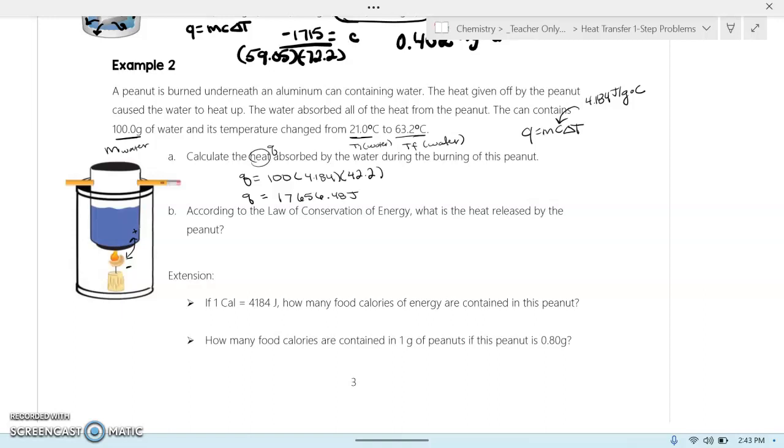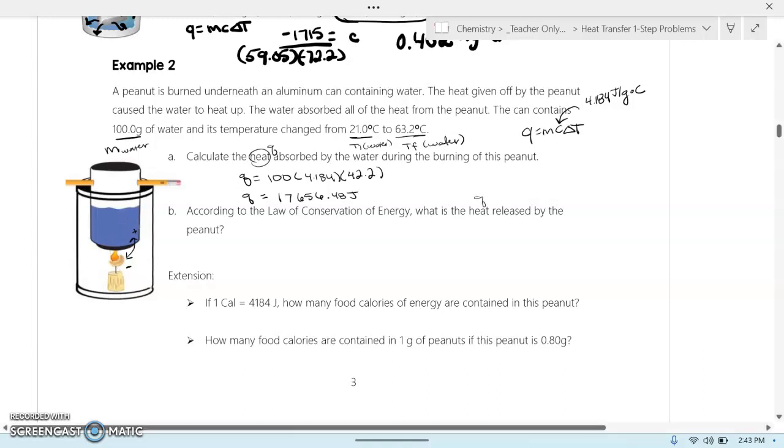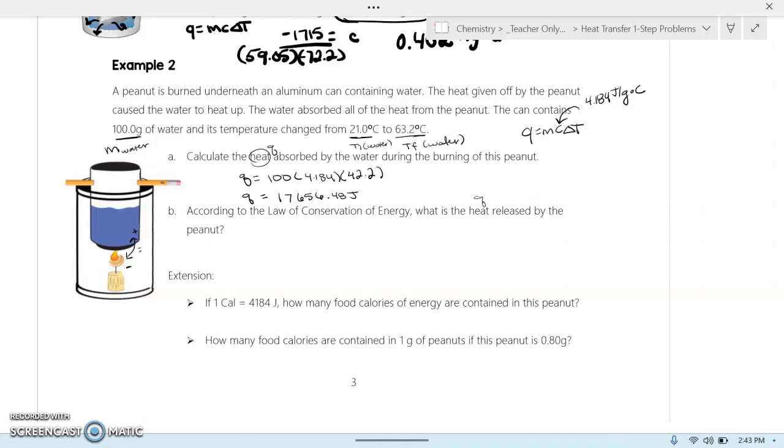Next it says, according to the law of conservation of energy, what is the heat, so Q, released by the peanut? Well, what we drew here at the beginning, all of the energy absorbed by the water is going to be equal to the heat released by the peanut. So our Q, heat released, is going to be the same exact amount of energy that was absorbed by the water.